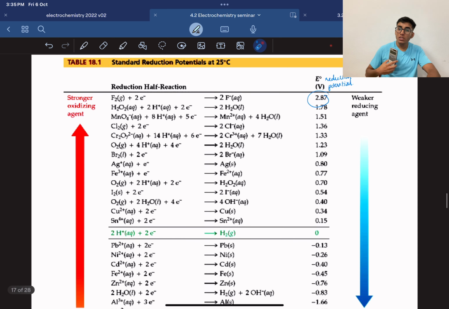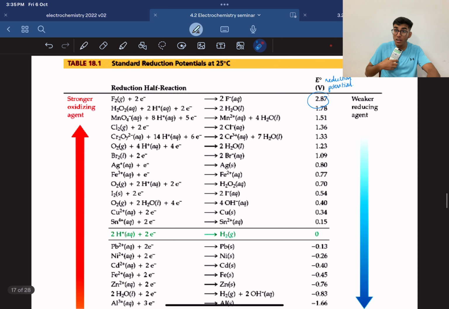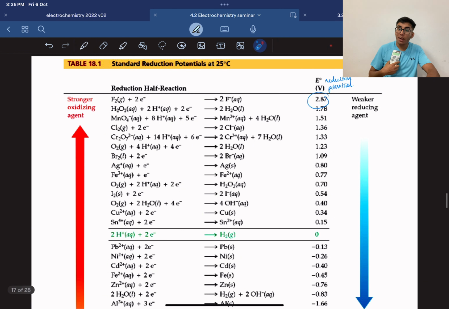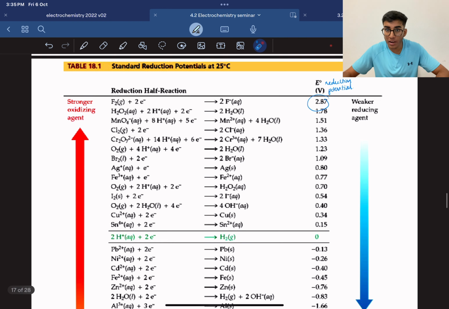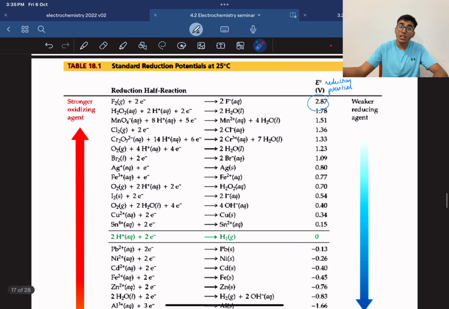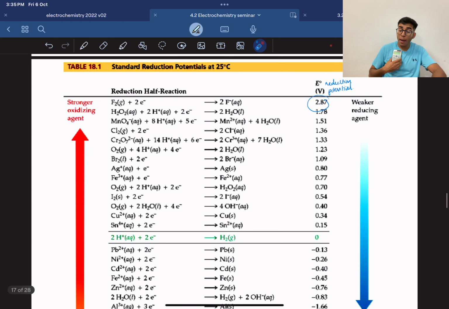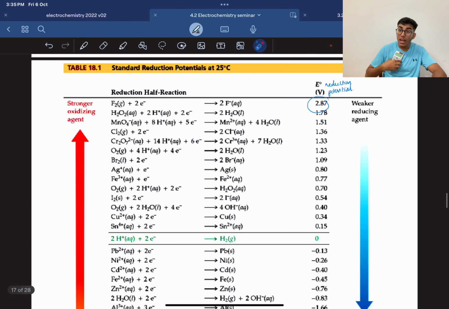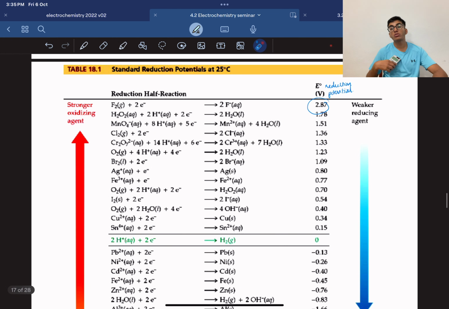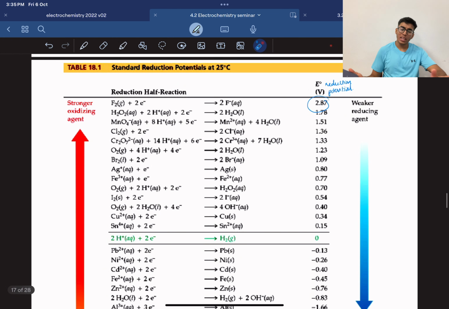After I get reduced, I'm in the most prime state to be oxidized because I can remove these electrons back. It's only when I have the electrons that I can lose them, right? So that's why when an object is reduced, by that I mean electrons are added, it becomes a good oxidizing agent because now it has electrons to lose. Or just think: if it gets reduced, it's an oxidizing agent. If it gets oxidized, it's a reducing agent.